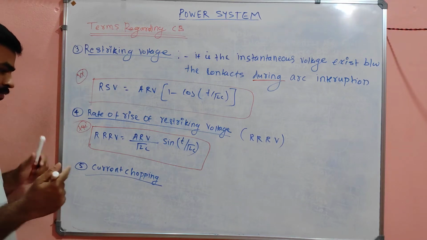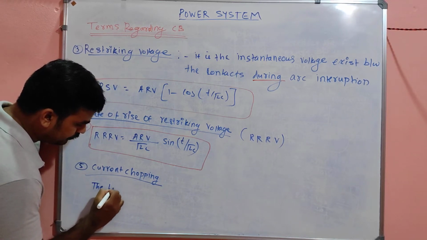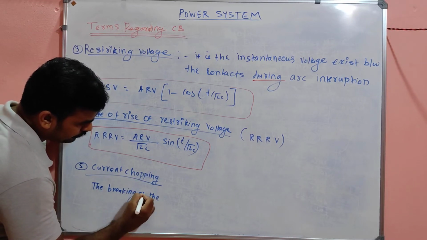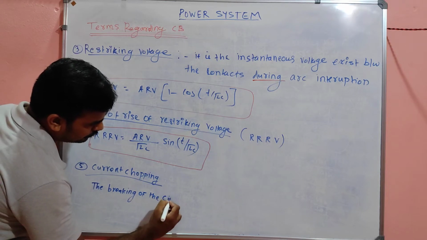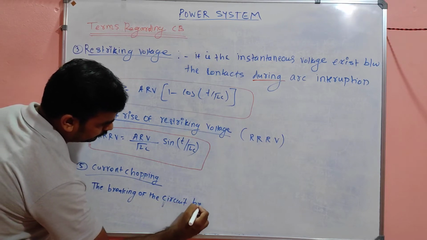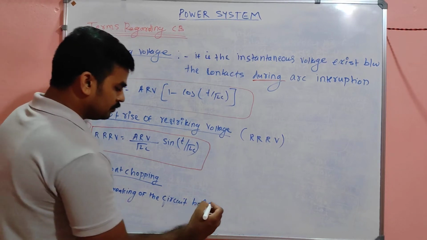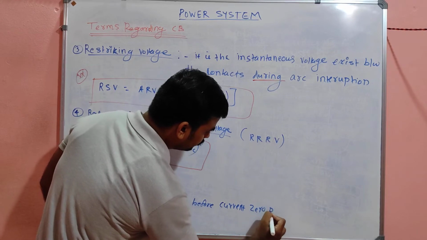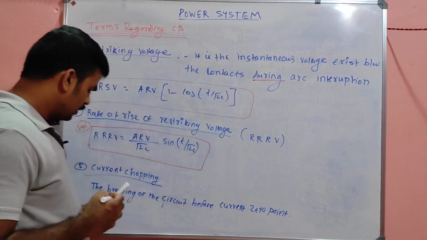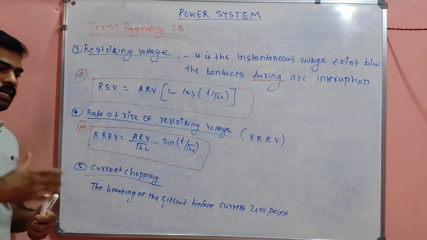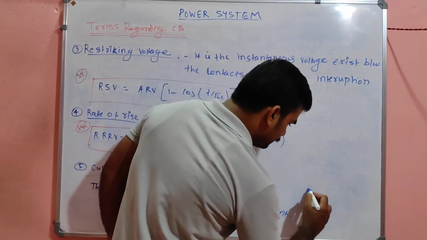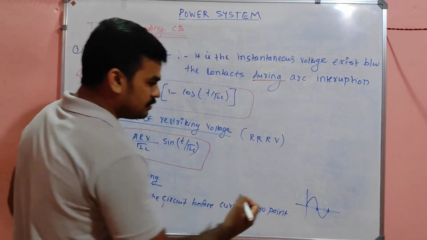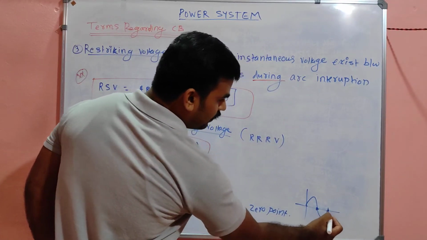Current chopping means breaking the circuit before the current zero point. For an AC cycle, you can see that there are natural zero points of current.